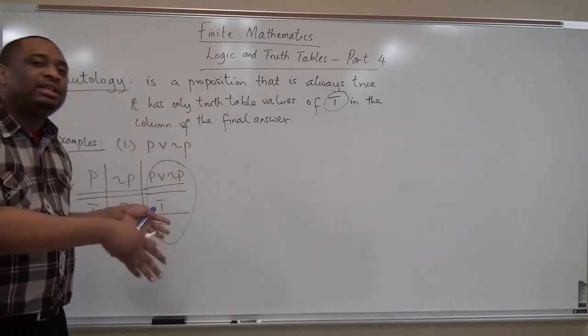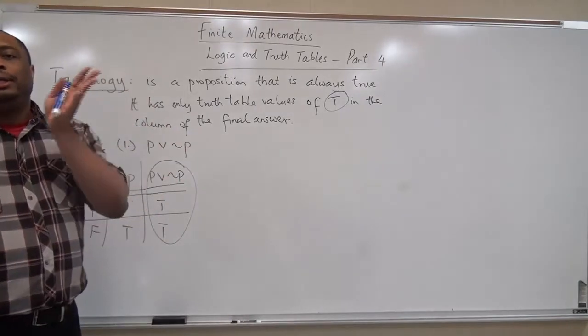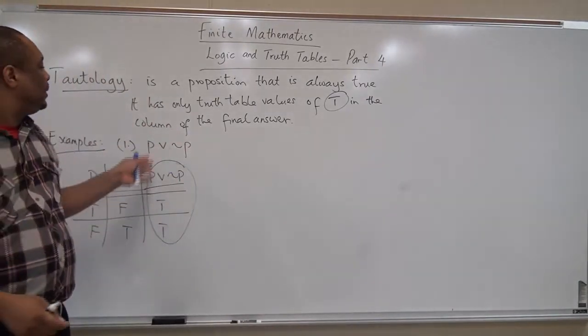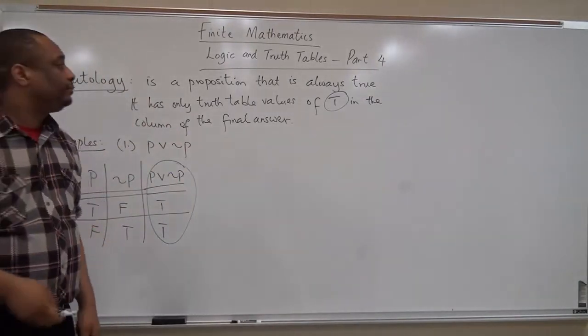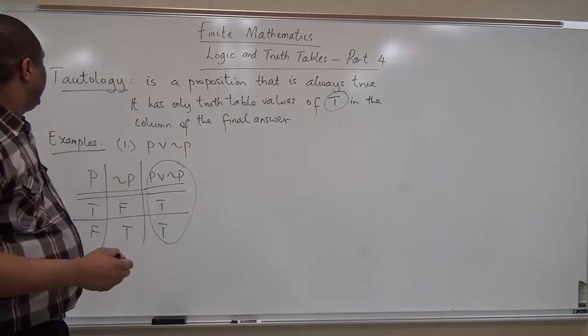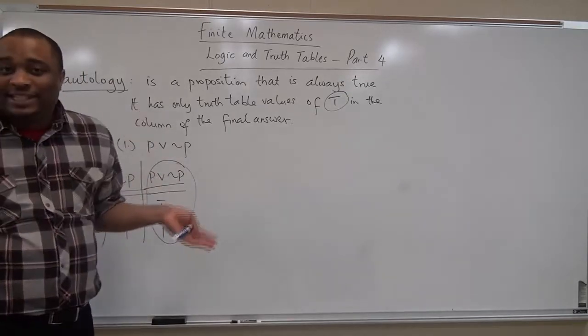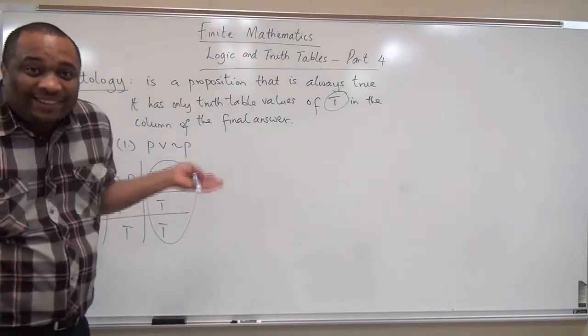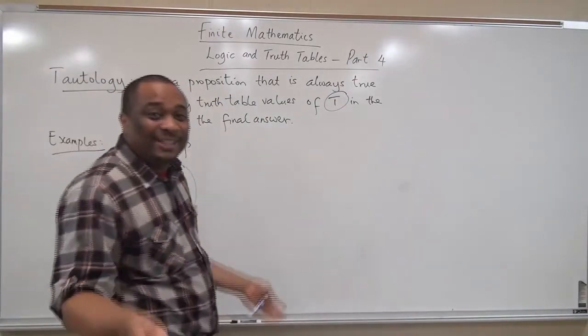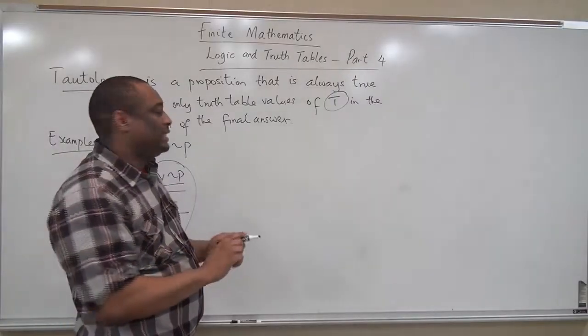Or you might say the sun is shining or the sun is not shining. Then that's a tautology. Because it's either the sun is shining or the sun is not shining, right? So that is a tautology. It's always true.